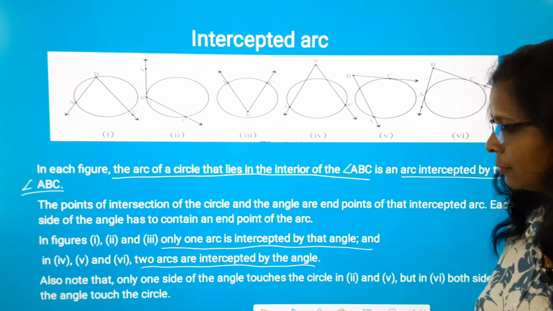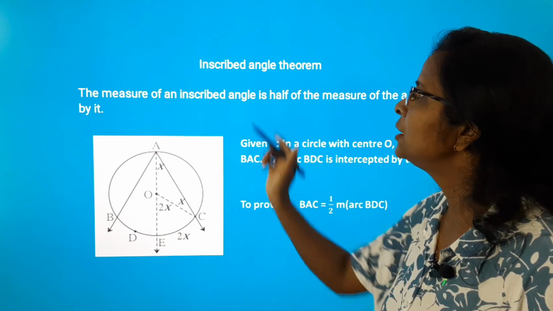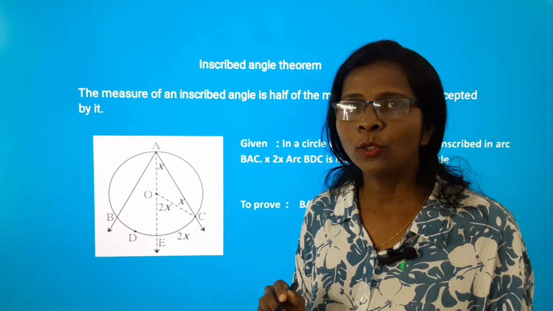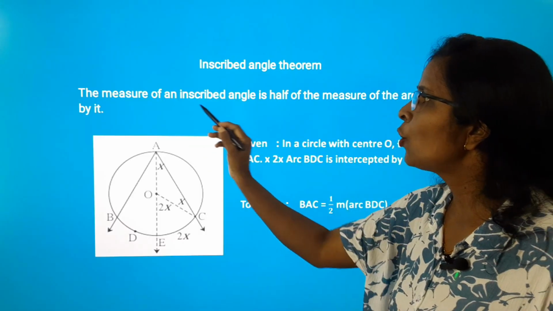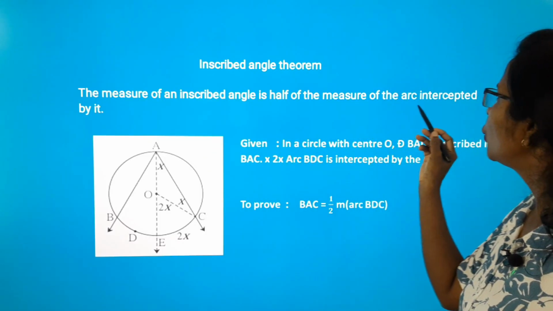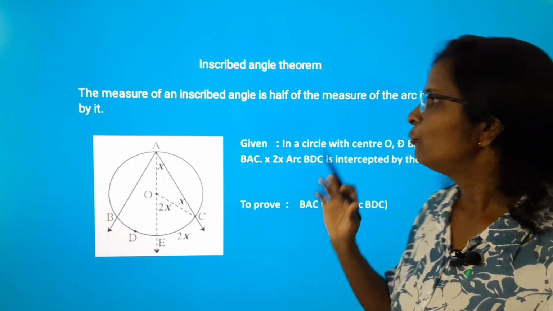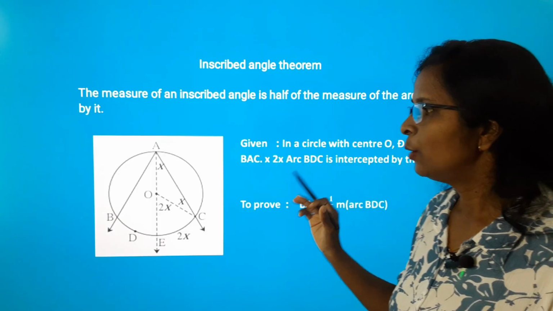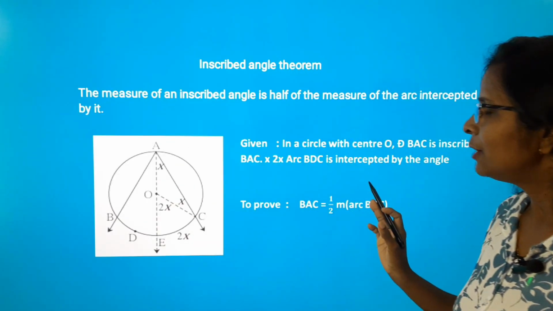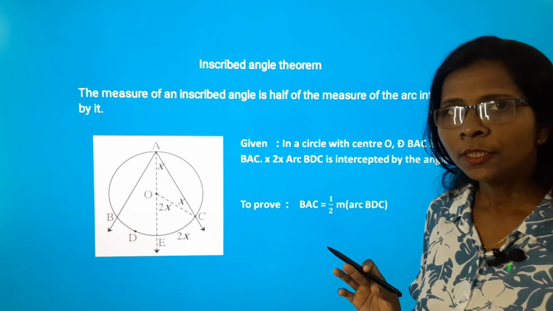Okay students, the theorem is known as the inscribed angle theorem. What is the statement of this theorem? The measure of an inscribed angle is half of the measure of the arc intercepted by it. From the statement we draw the figure, and from the figure we write down the given.